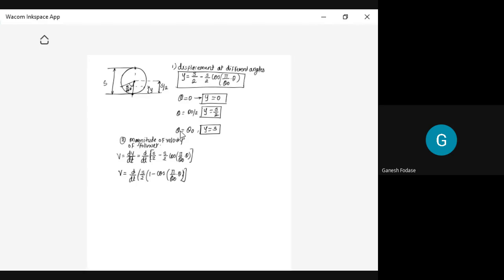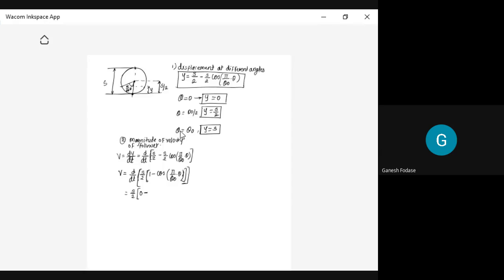So it is the derivative of this term. As s by 2 is constant, I can write here s by 2 into the derivative of 1, which is 0 as it is constant, minus the derivative of cos.